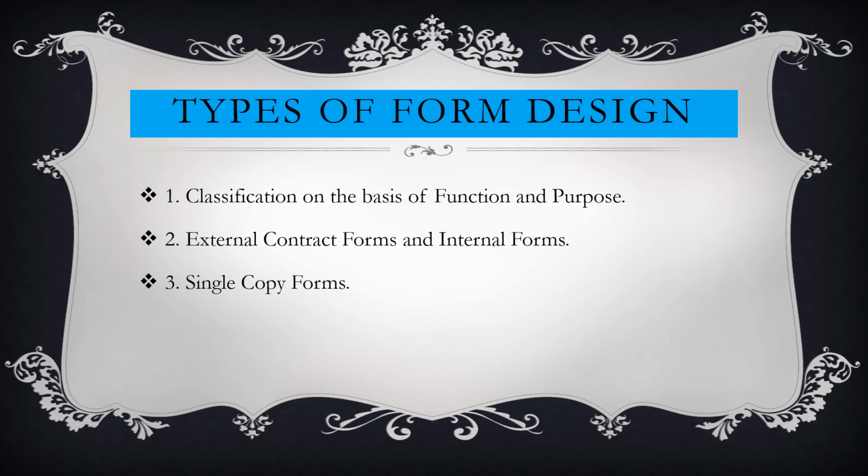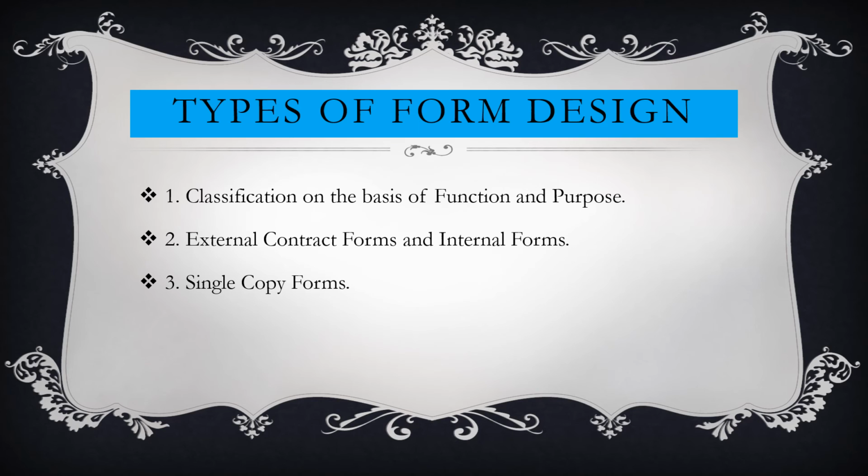Thereafter, the next point is external contract forms and internal forms. The forms are prescribed to be used for the users of the service. For example, the college admission form. And some forms are prescribed for only internal use.